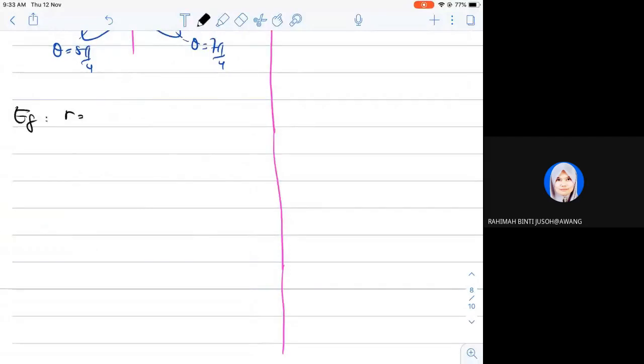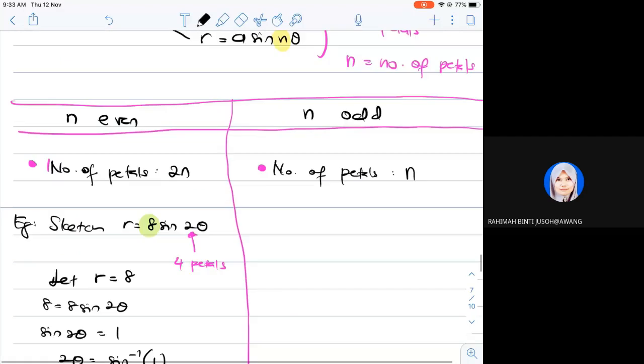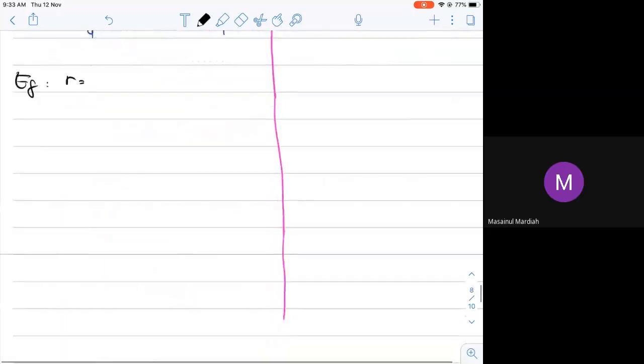Give me a number. Nombor berapa you all nak? 8? Tadi 8 juga. 10. Is there any question? 11.